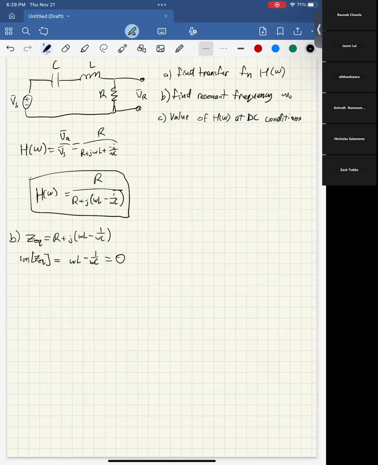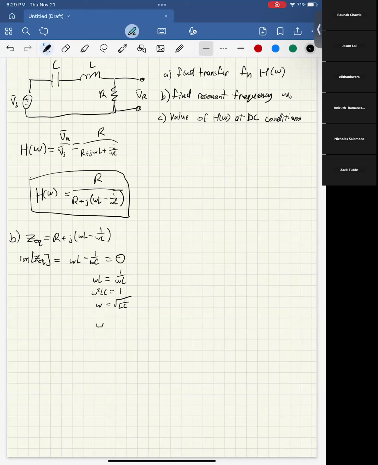Now if I solve this, I add that one term to the other side, multiply, and get omega squared LC equals 1, then omega equals the square root of 1 over LC, which is something you've seen before in this class.